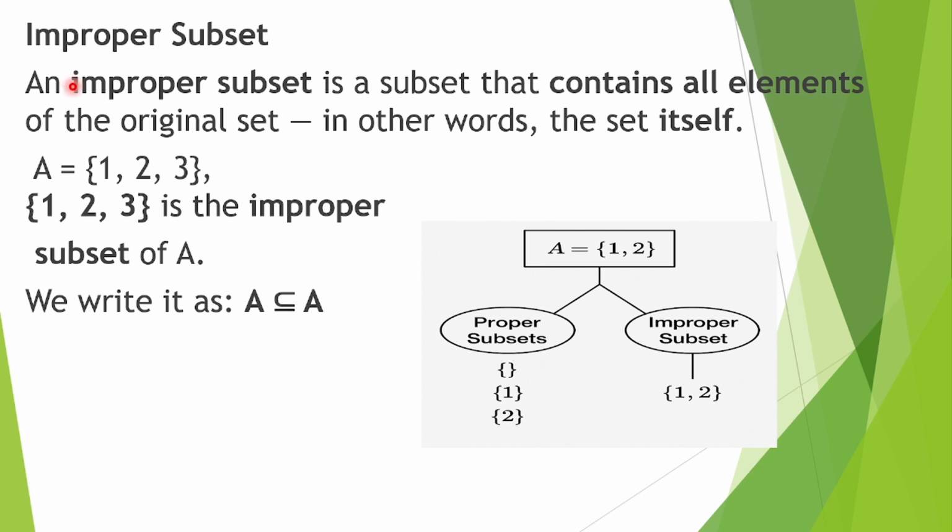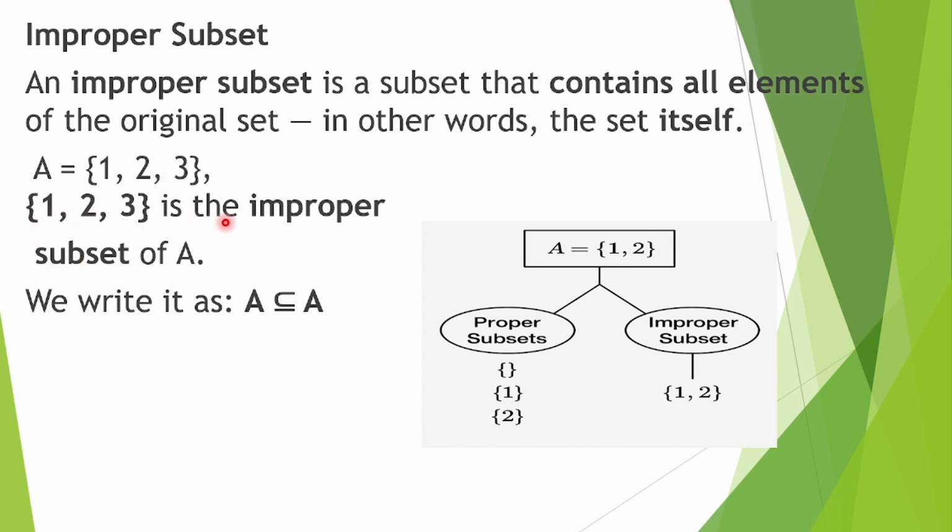Improper subset. An improper subset is a subset that contains all elements of the original set, in other words, the set itself. So if A = {1, 2, 3}, its improper subset will be {1, 2, 3}.